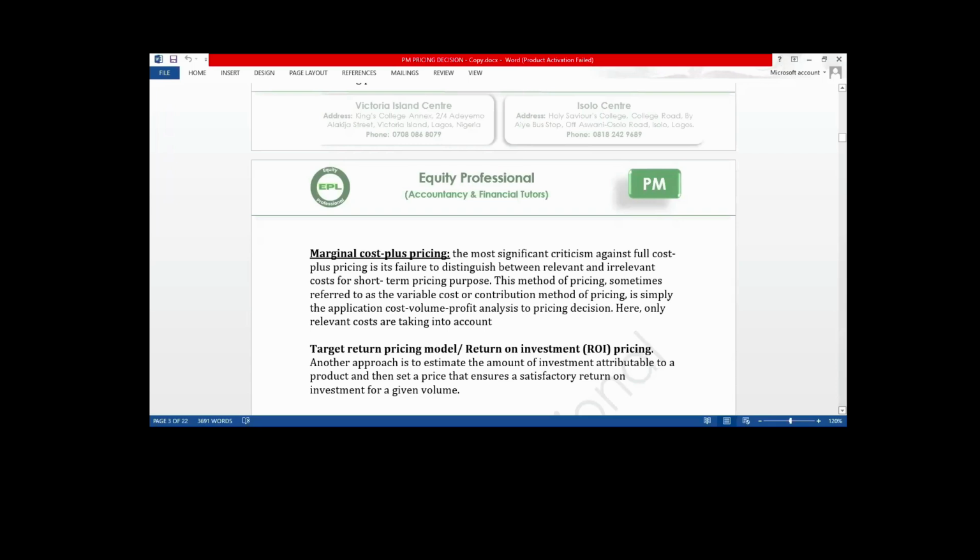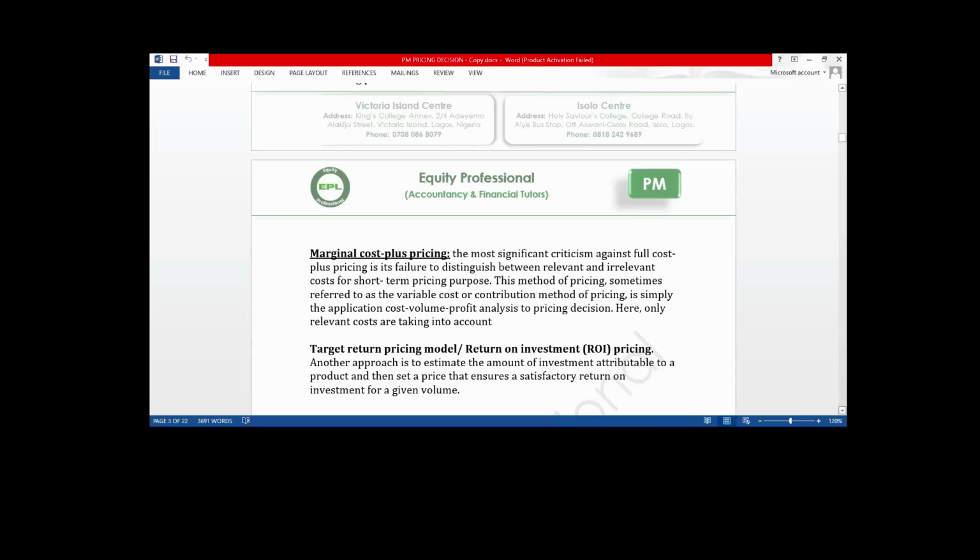Please note, marginal cost plus pricing method is mostly used for decision making. It is mostly used by companies when you are looking at short-term decision making.